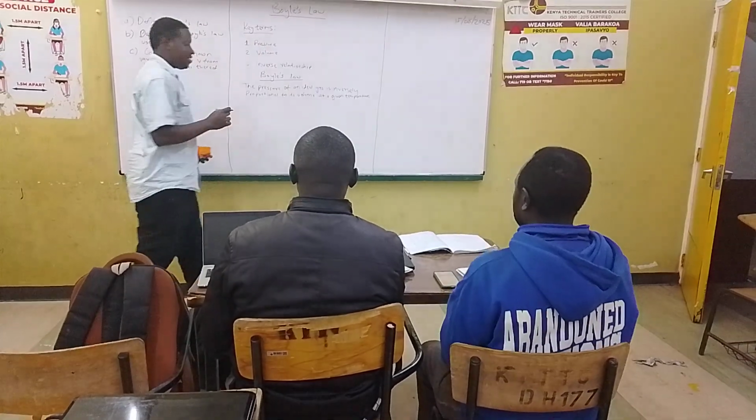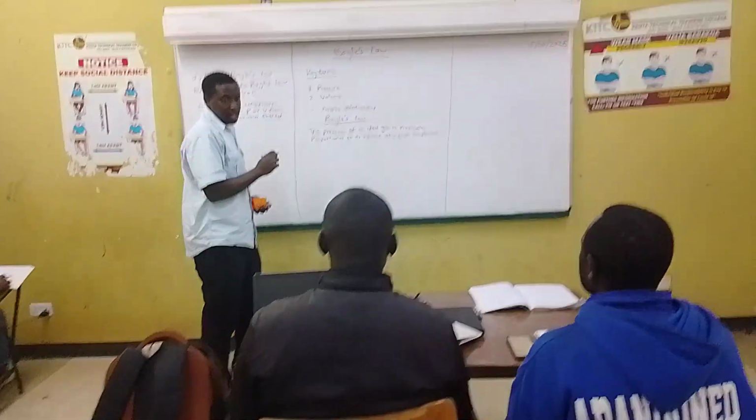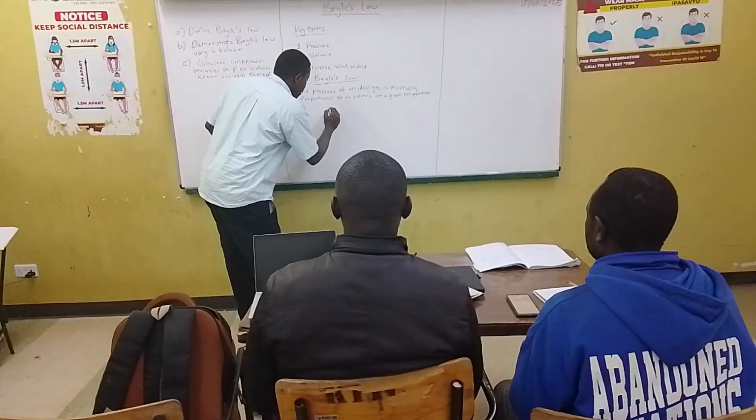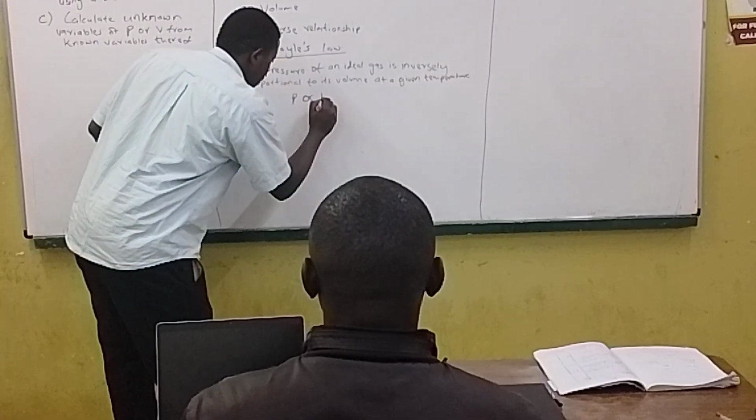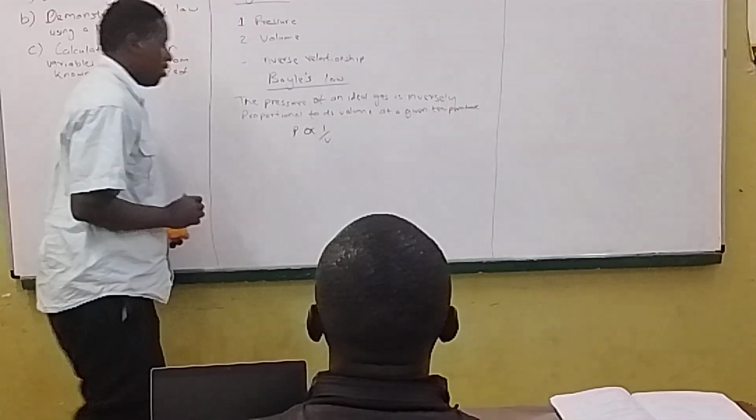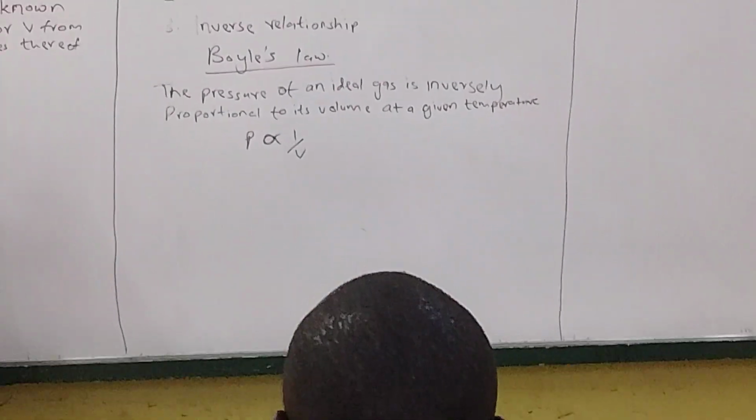We can write this as P proportional to 1 over V.